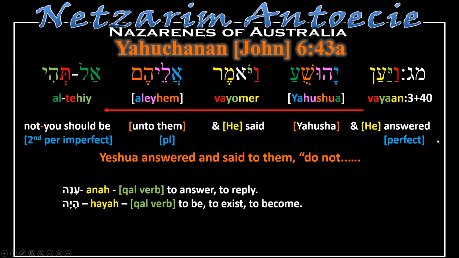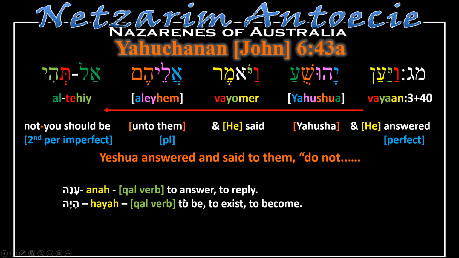Vaya'an, and he answered. And that's a perfect form because we have a prefix, the yod being imperfect, but with the vav, with a patach under it, it means it's perfect form. So that's why we have, and he answered, remembering that no pronoun we can add he, and its root is ana, with the he dropped off.